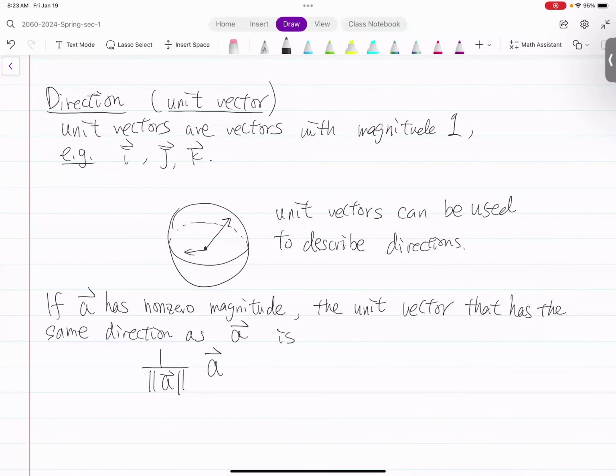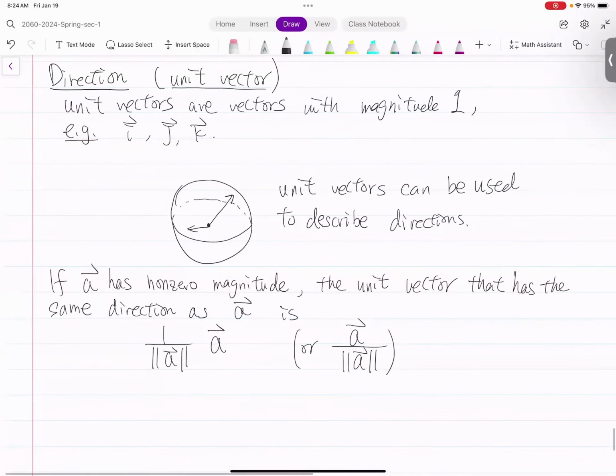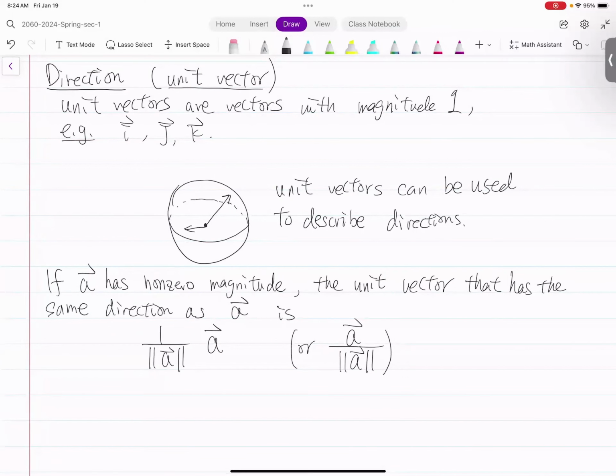So you just scale, but here you are doing the division component-wise, right? Or you can write it as the vector A, the whole thing, divided by this scalar, which is the magnitude of the vector. Originally you have the magnitude of A, but now you divide by this number, then you're going to get the magnitude of 1.